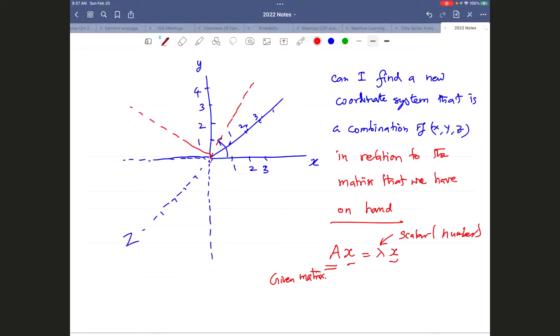So when we do a multiplication like this, we want a special system where the transformation AX, which is multiplication, is just a scaled version of the X vector, in a different coordinate system.